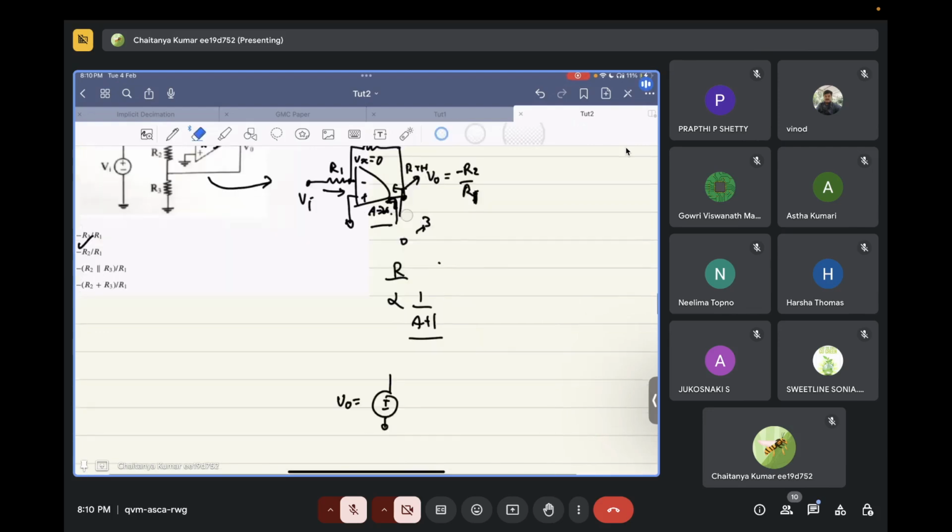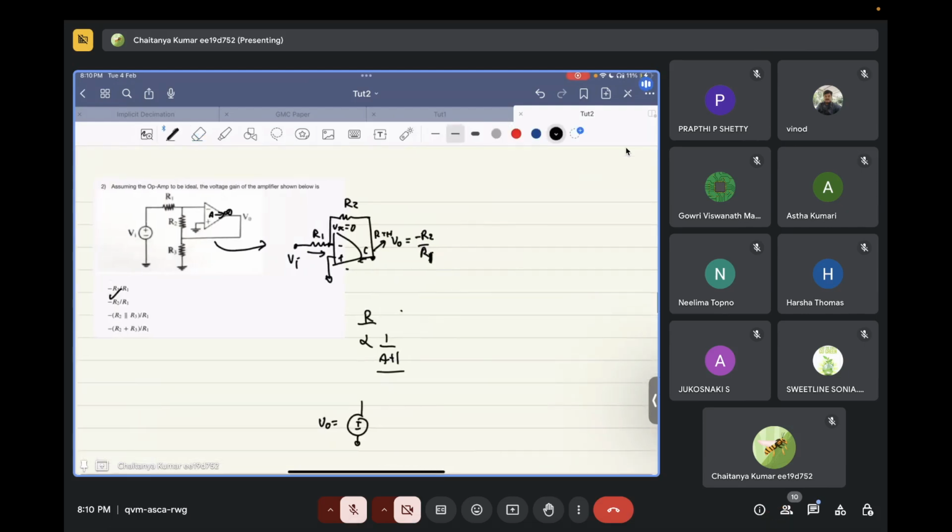If this R3 was not there, you would have got minus R2 by R1, and you know the looking-in resistance from this node is 0. So you will have minus R2 by R1 times Vi, then zero resistance, and then R3. So if this resistance is 0, no matter what R3 is, the voltage at the output will always be minus R2 by R1 times Vi.